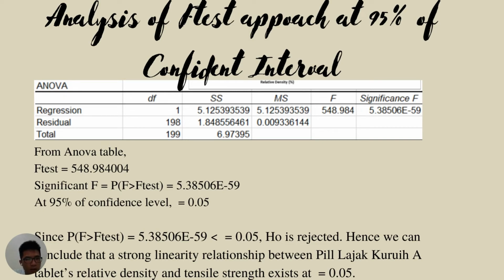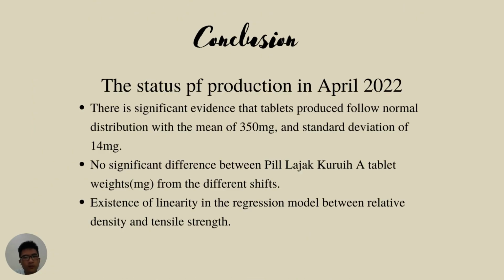Seeing the F value is bigger than the F critical, the H naught is rejected. So we can conclude that there is a strong linear relationship between the relative density and the tensile strength at 0.05.